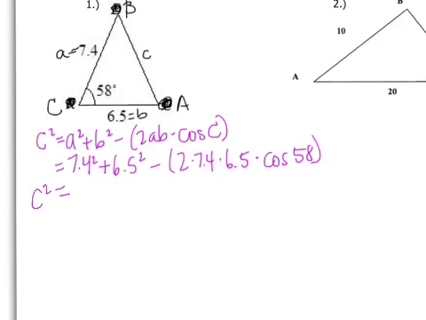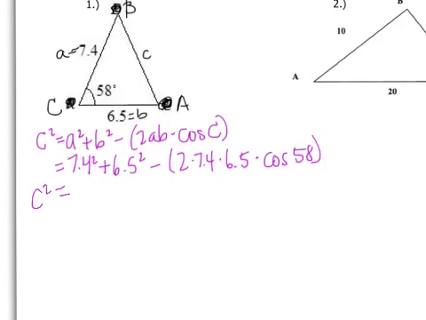Make sure that you're trying this on your calculator, so if you're not getting them correct, I can help you figure out what you're doing wrong so you can do it on your test. Don't forget to take the square root at the very end.